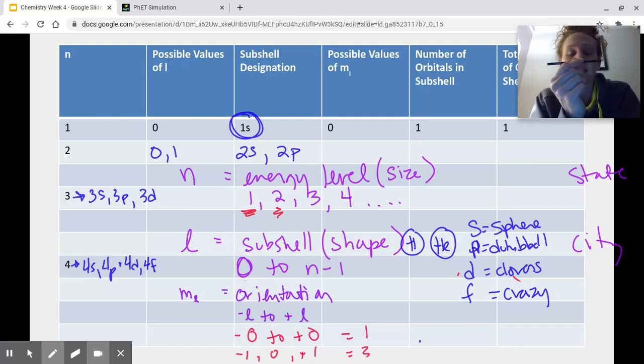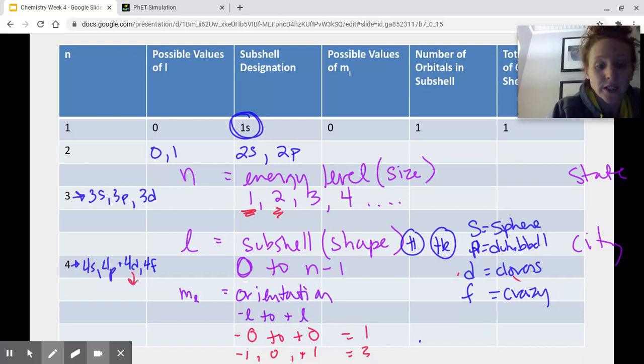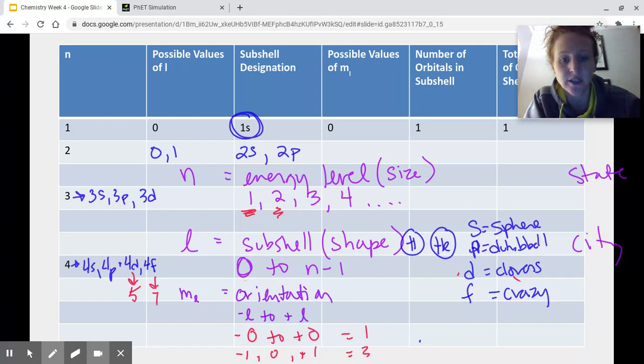So we see 3 different orientations for the P dumbbell. It can be oriented on the x-axis, which is 1 orientation, the y-axis, which is 2, or the z-axis, which is the 3rd orientation. The D shape can actually have 5 orientations, and the F shape can have 7 orientations.